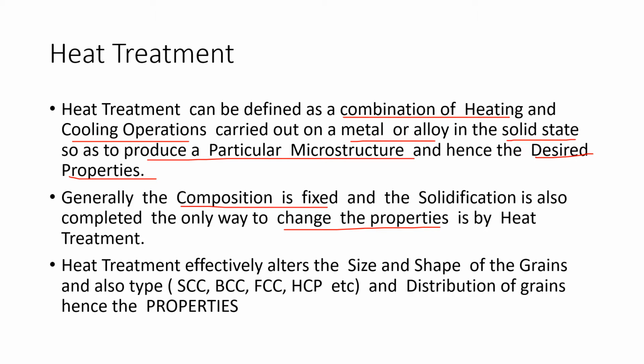Heat treatment effectively alters the size and shape of the grains and also the type of the structures: SCC, BCC, FCC, HCP structures, etc., and the distribution of grains. Hence, heat treatment is effectively used to change the size, shape, and properties of a material, whether it is a metal or alloy in a solid state.